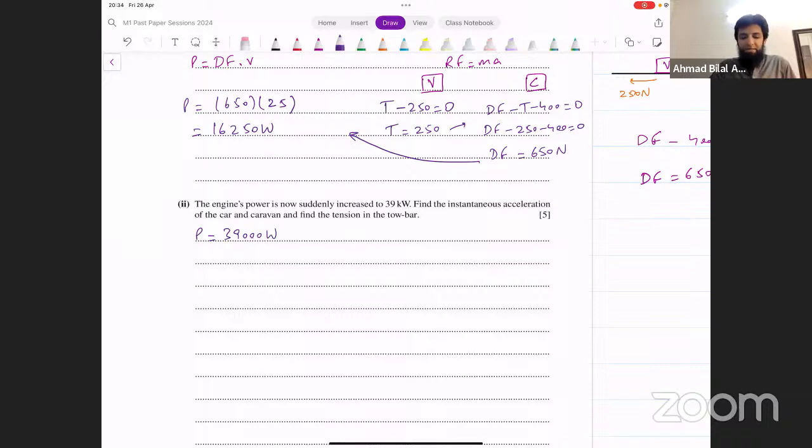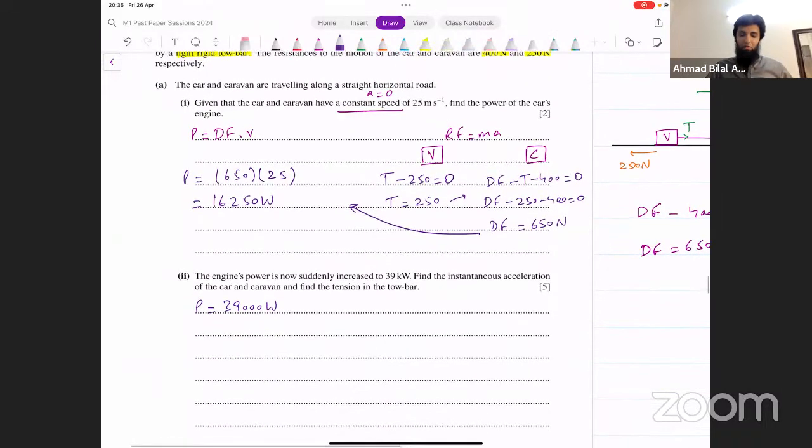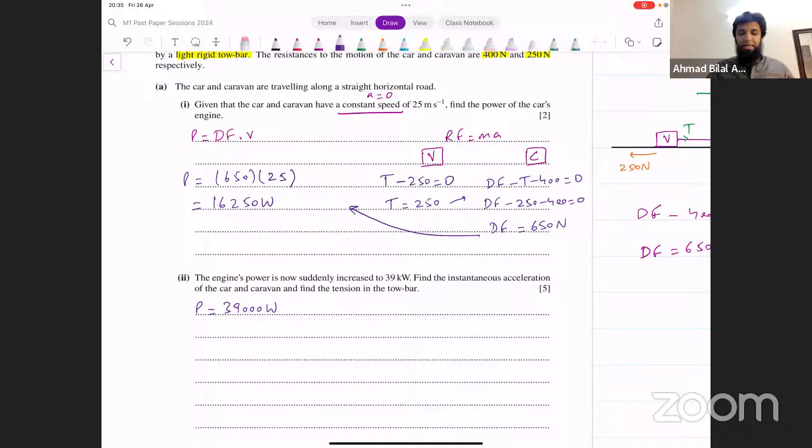Find the instantaneous acceleration of the car and the caravan and find the tension in the tow bar. Okay, so now power is increased instantaneously, suddenly. It was earlier moving at a constant velocity of 25 meters per second.